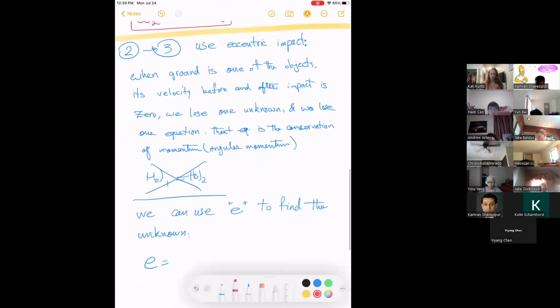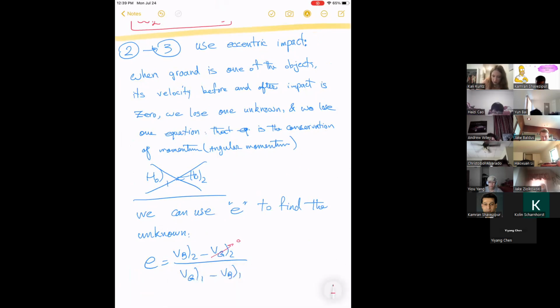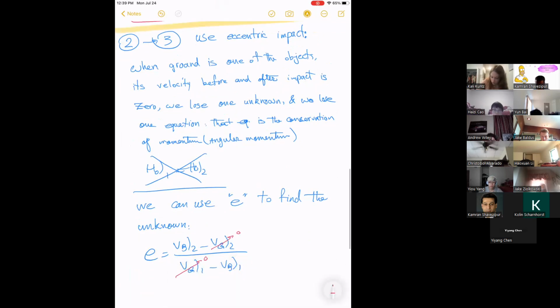So if you write e equals (V_ground2 minus V_B2) over (V_B1 minus V_ground1)... V ground before and after is 0. And for V_B, because I wrote 2 and 3, let me just write it as 2 and 3 so we are consistent with those numbers, okay? Three means after impact, 2 means before impact, based on what we have here.